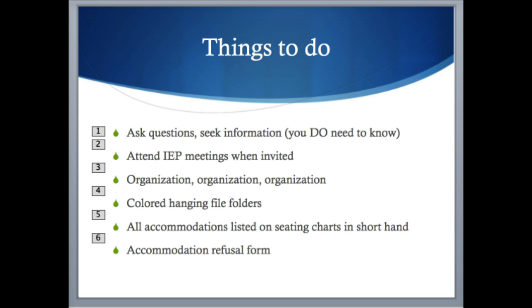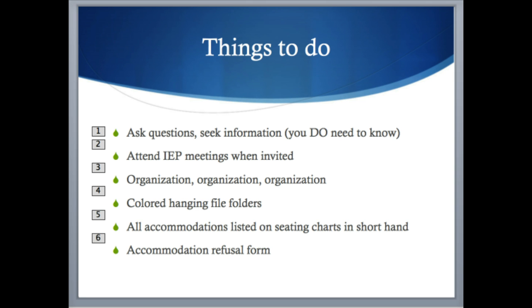So what I always did is just had a little blank form, and I made 50 copies of it or whatever, and had it in an easily accessible place, and it said something to the effect of I, and then a blank where the student would write their name, am refusing my accommodation on this date, and then they would just put in the date and sign their name.